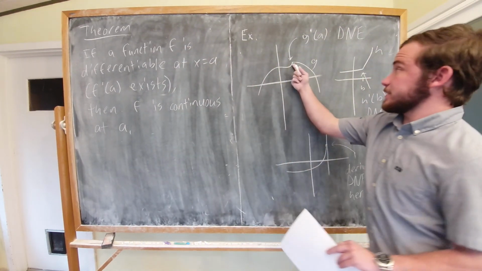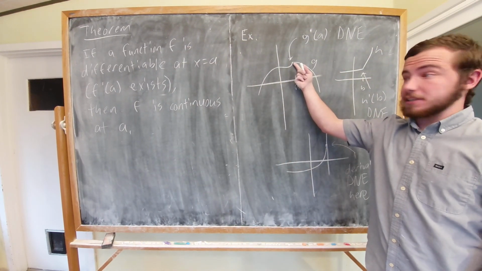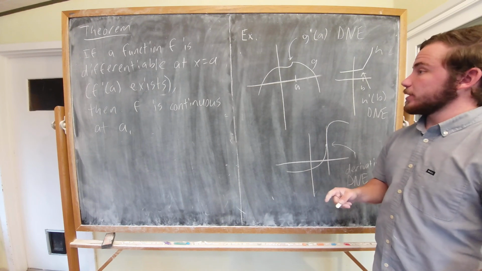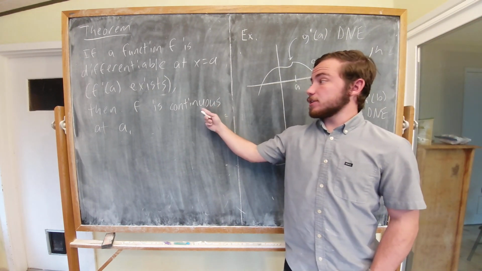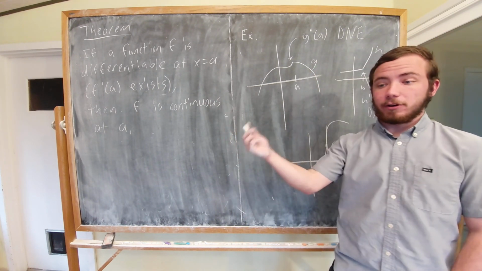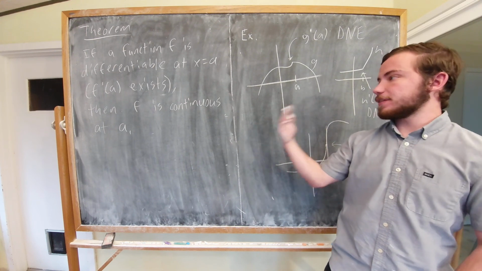Now, here's a continuous function where the derivative doesn't exist at that point. So, continuity is weaker than differentiability. Differentiability is stronger than continuity.